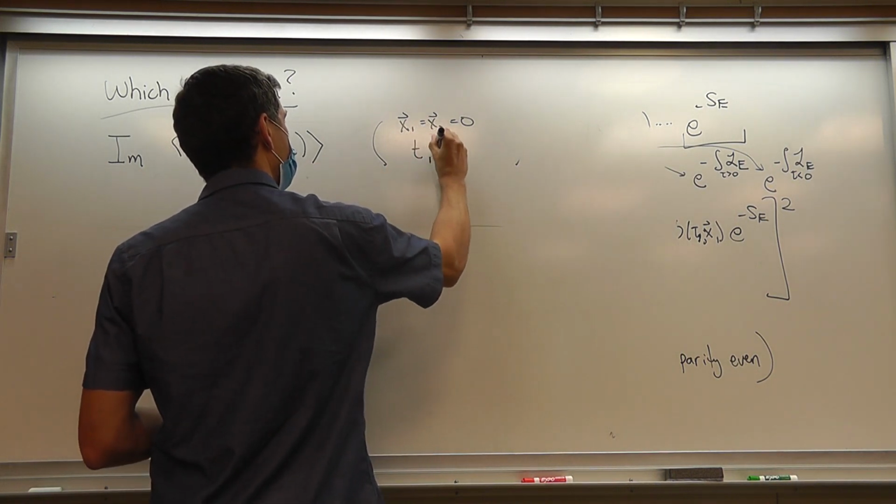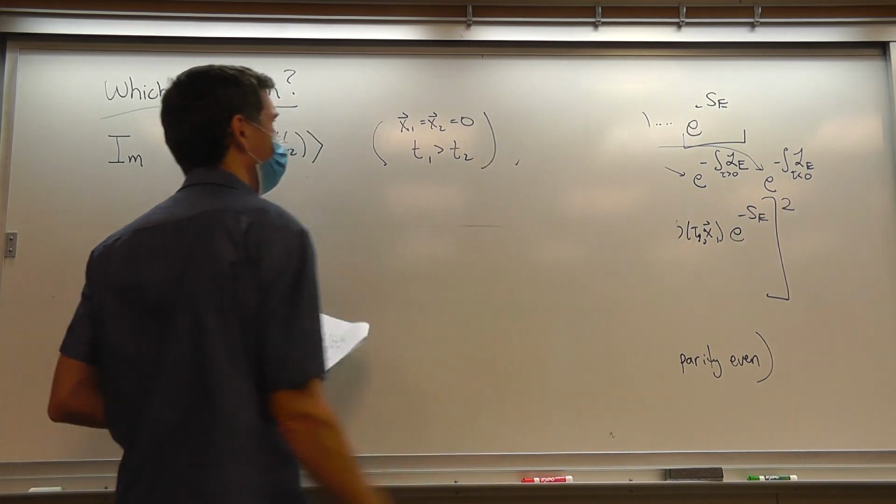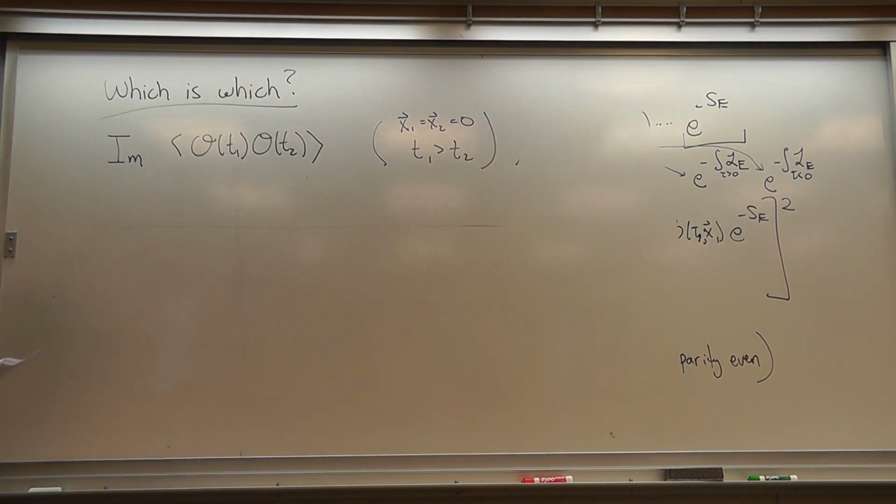And let's take t1 greater than t2. The reason I took the imaginary part is because we're just trying to decide if it's e to the plus i pi delta or e to the minus i pi delta. So we should look at the imaginary part of the correlator to determine which sign is the correct one.